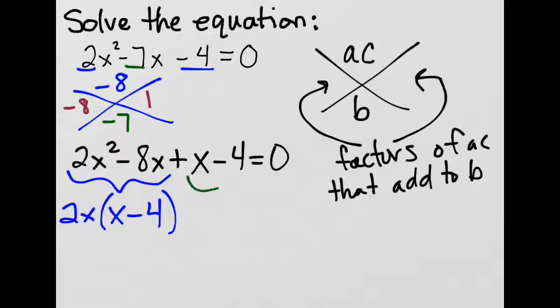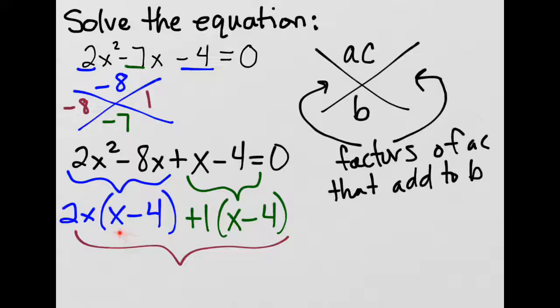Let's factor the next 2 terms. There really is nothing that x and -4 have in common that we could divide out besides 1. So we're just going to pull out a 1, and that will leave an x minus 4. Now we've factored the second 2 terms, and the first 2 terms. We're going to treat this blue expression like one term and this green expression as a second term, and we're going to factor out what those two have in common.